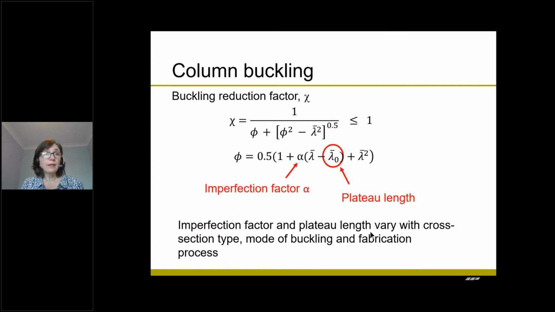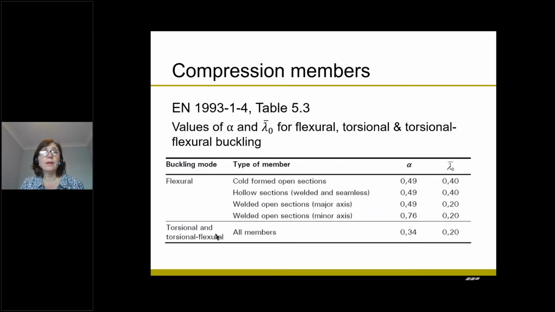In order to calculate chi, you need to consider both the imperfection factor alpha and the plateau length. This is where different coefficients apply for stainless steel, and I've shown here a table which gives these values.